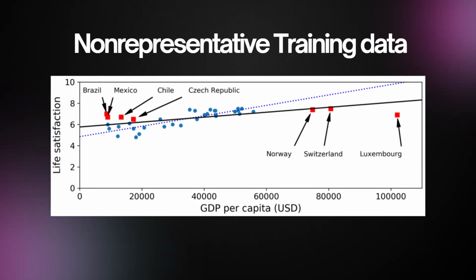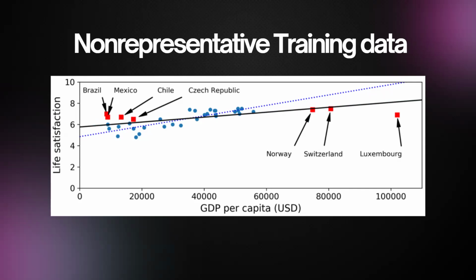But these are real life values, by the way, and we've got these outliers like Brazil, Mexico, Luxembourg, Switzerland. If we use these data points, then our entire linear regression line shifts to fit these as well, because of the outlier.